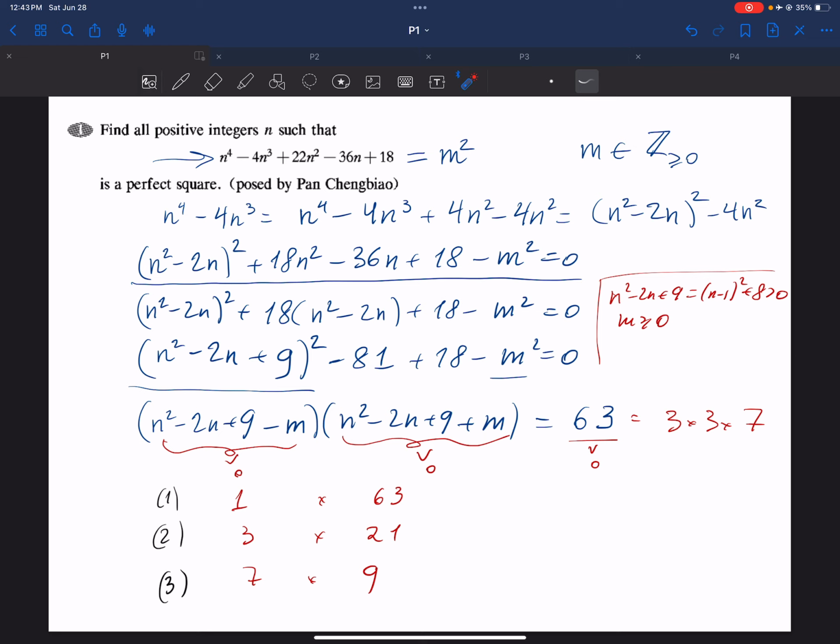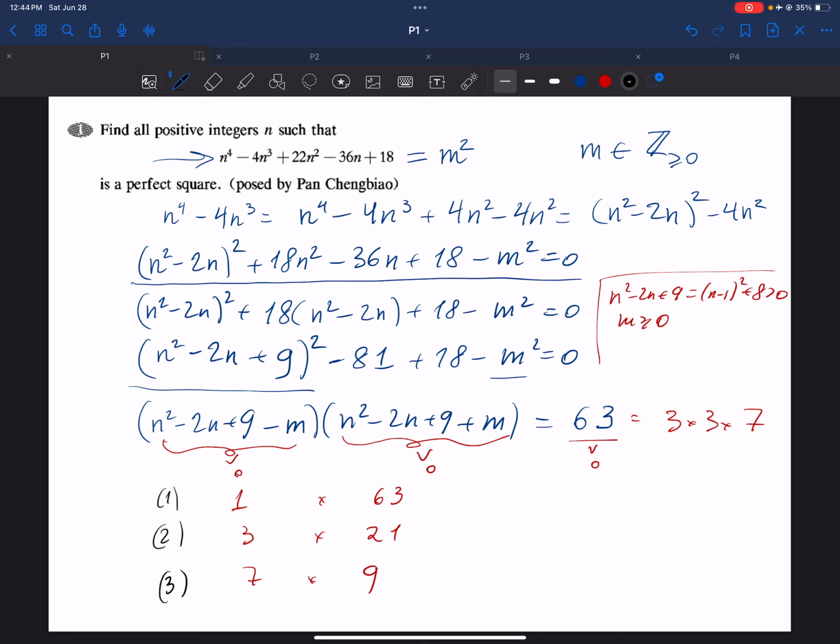In the second case, this is 3 and this is 21. And in the third case, it's 7 and 9, right? Furthermore, we can add these two expressions, and the m will cancel when we add them. Okay, so let me write this in slightly more detail first.